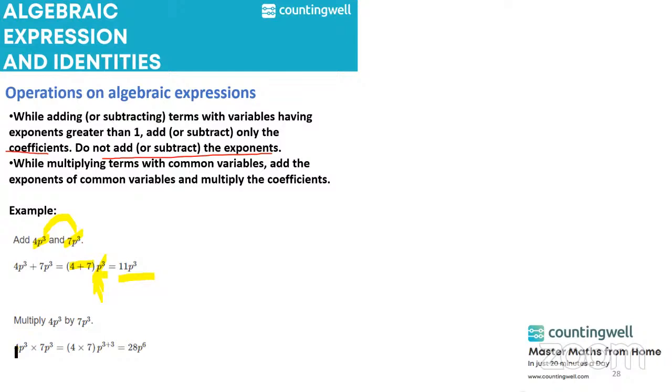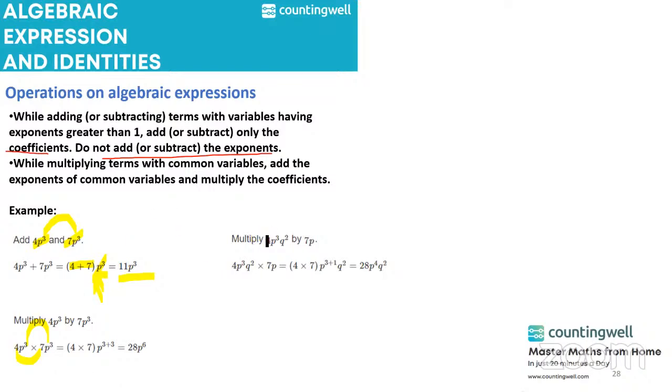Here you can see, while multiplying, what you are doing: you are multiplying the numerical coefficients and adding the powers of the variable. So 4 into 7, p to the power 3 plus 3. So it will be 28p to the power 6.